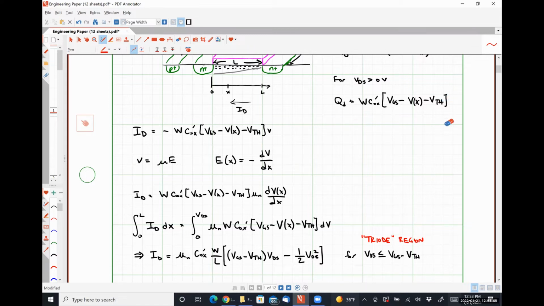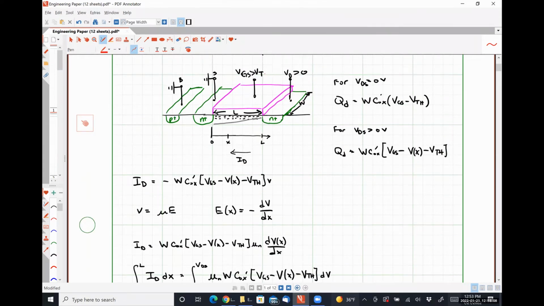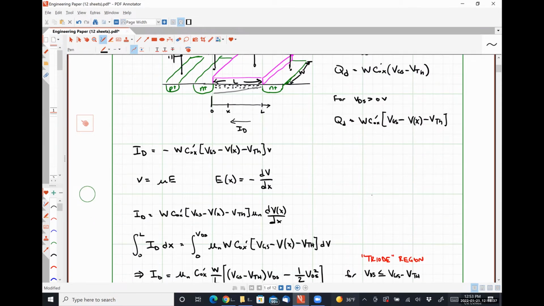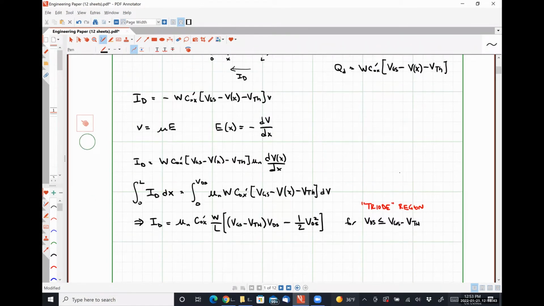We have Thevenin, thermal, threshold. Let me go back and fix these. Lowercase h.